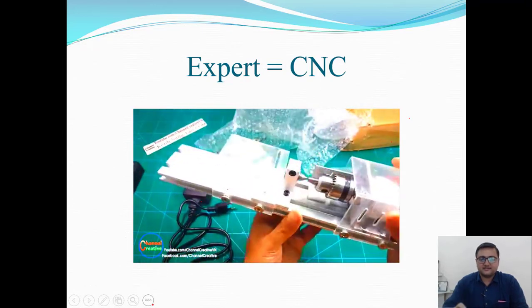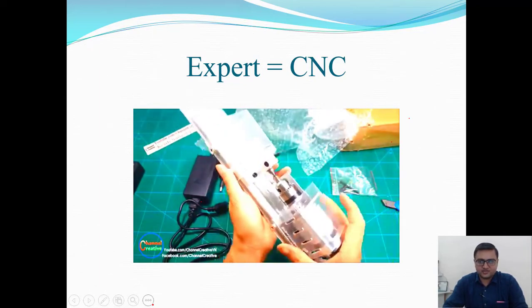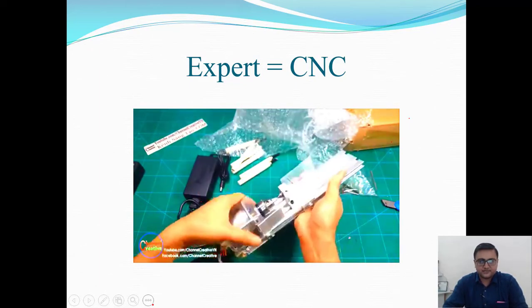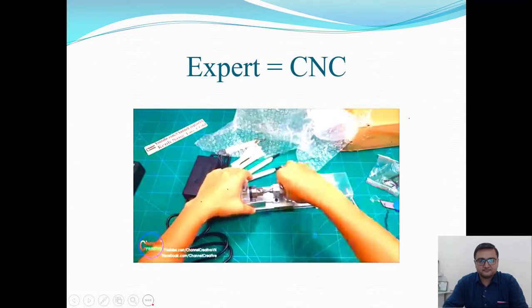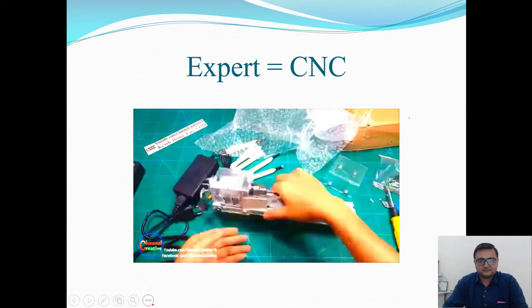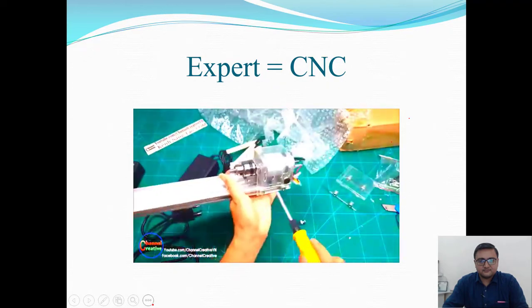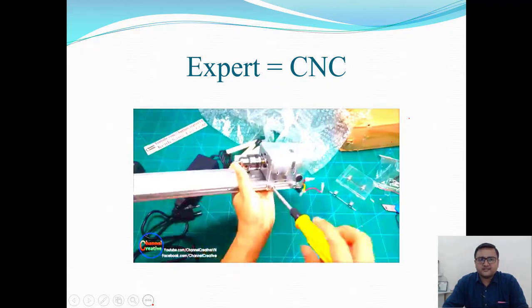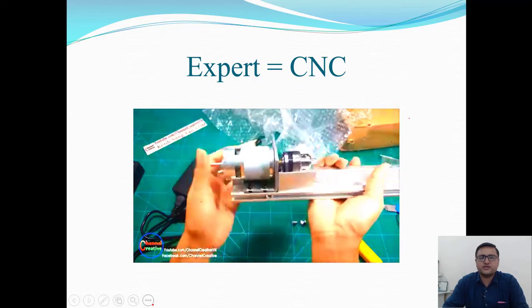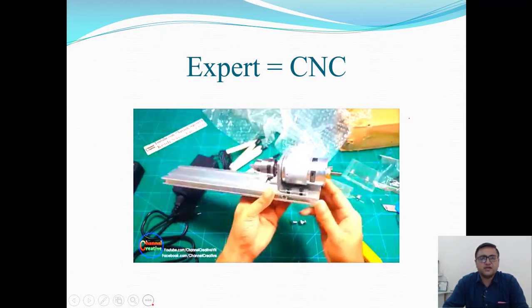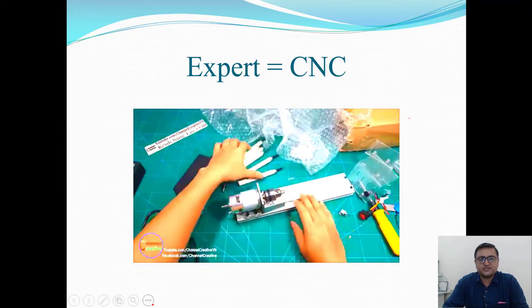So here is a CNC lathe machine with the chuck and the tailstock with the cross slide. Only one motor is required, and see how beautifully this rotary motion is converted into many manufacturing operations or many object creations.